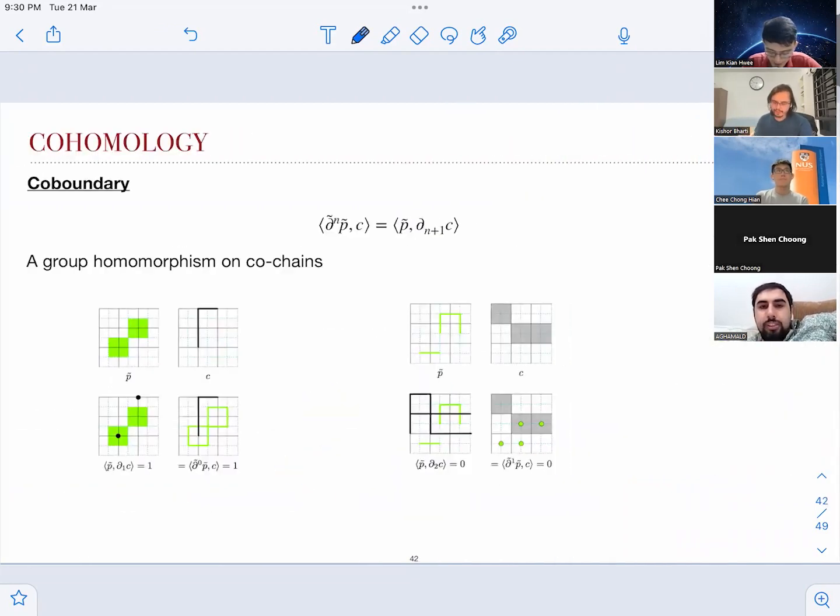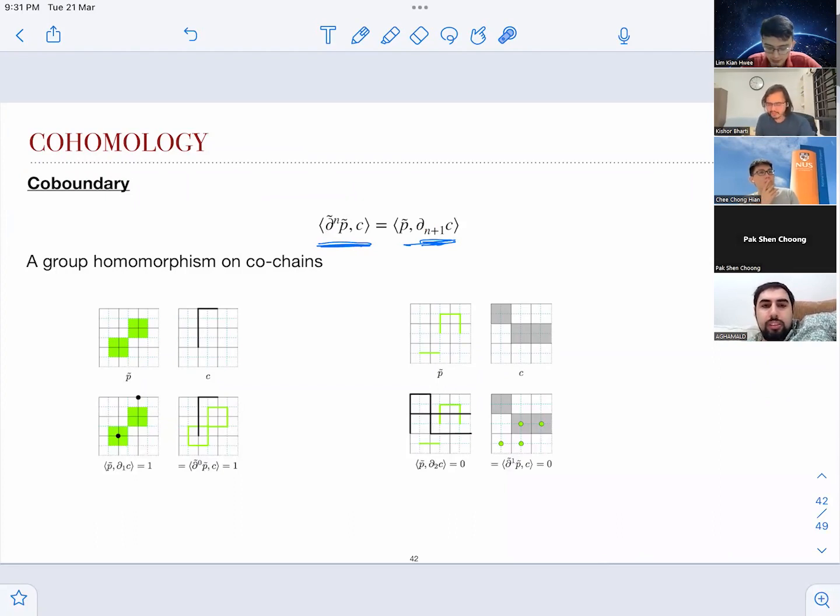The coboundary is again similar to what we see in quantum mechanics. Let's say you have the boundary map delta n acting on a chain C, and you take the inner product with P tilde. Basically, the coboundary map acts on cochains. Taking delta n plus 1 here, it becomes delta n tilde, as the dimension goes one down.